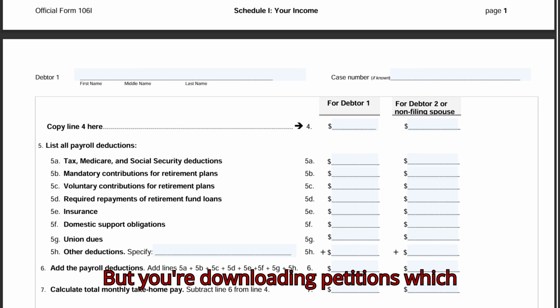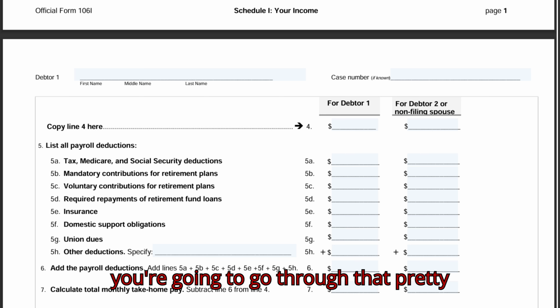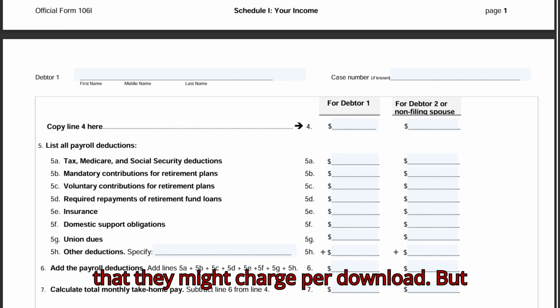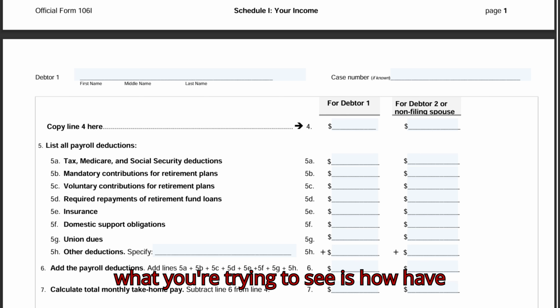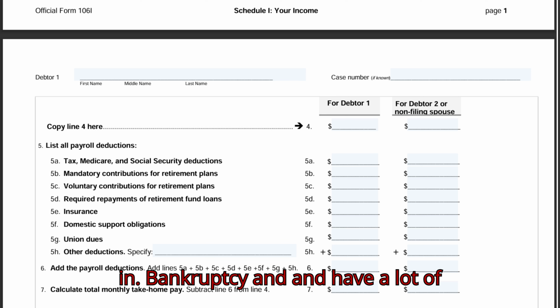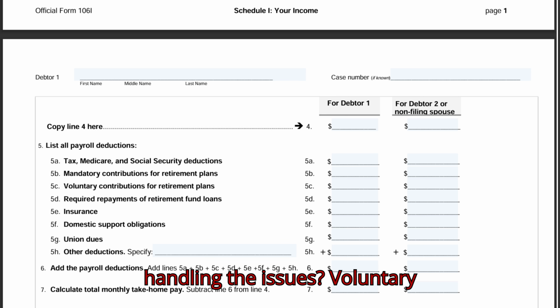But you're downloading petitions, which could be dozens of pages, so you're going to go through that pretty quickly. I think there's a max of like $3 that they might charge per download. But what you're trying to see is how have other attorneys who are experienced in bankruptcy and have a lot of filings in that district, how are they handling the issue of voluntary contributions?